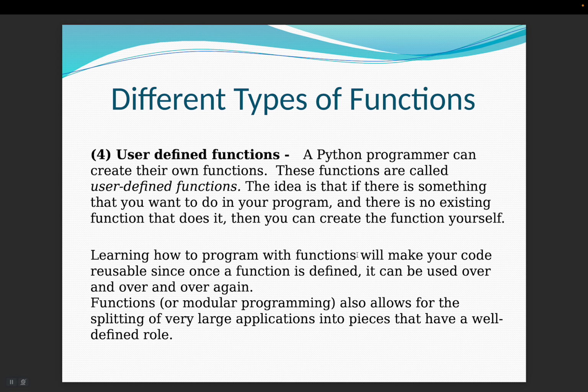Why is that important? Imagine that this class is actually a development team and we're working on an application that's going to be used in schools. It's going to be big, right? And imagine that as we're writing the code, we find out that we're doing a lot of copy and paste.